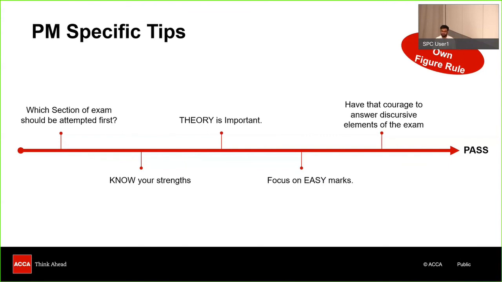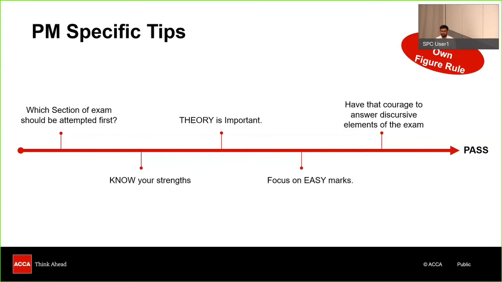If one question is very difficult, then the other one would be easy, so the student can focus on that and pass the exam. So you never fail because of the difficulty of the exam. You fail because of focusing on those difficult parts, wasting time there, and somewhere else where the marks were easy, you did not focus, you did not get those easy marks, and you failed the exam.